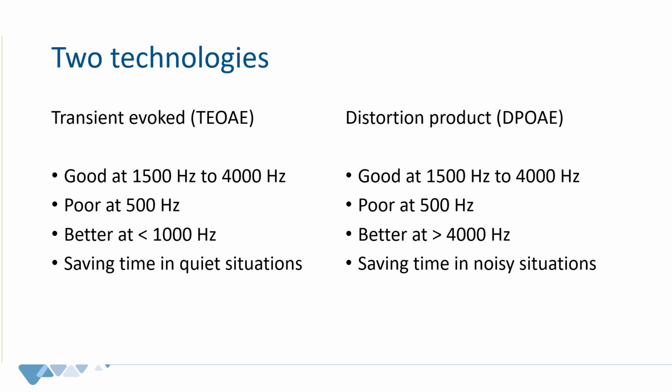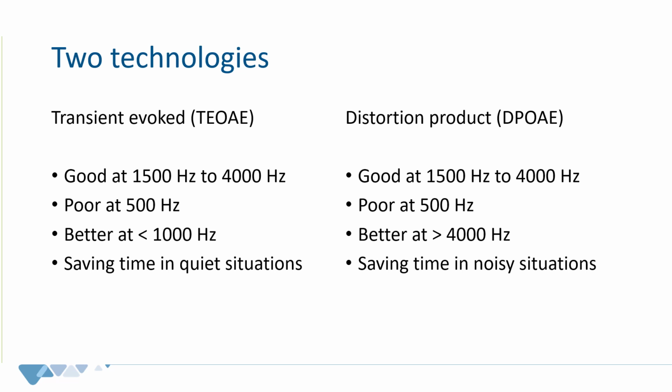In the range between 500 and 1000 Hertz, TEOAE is slightly better. It's because when you use DPOAE, the actual measurement is done so much lower that you are already affected by noise a little bit more. But on the other side, DPOAE can measure above 4000 Hertz. With TEOAE, you can't do that.